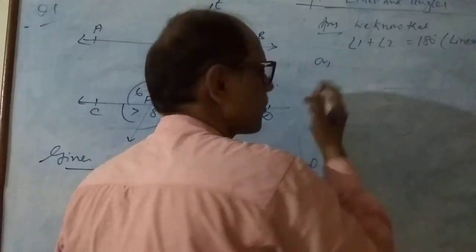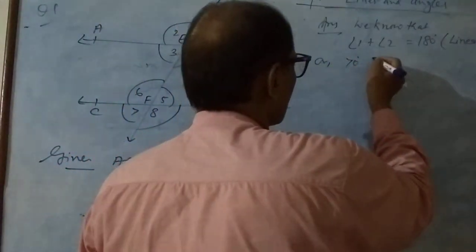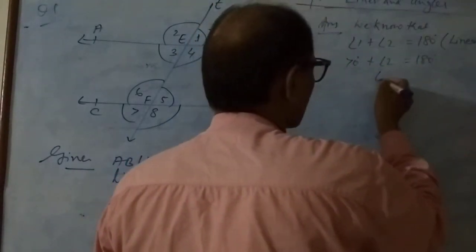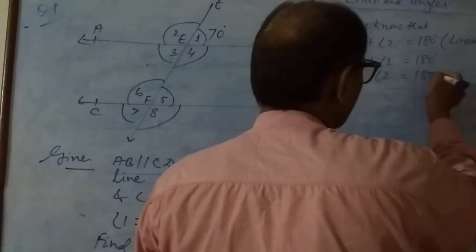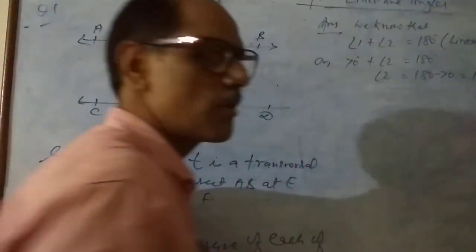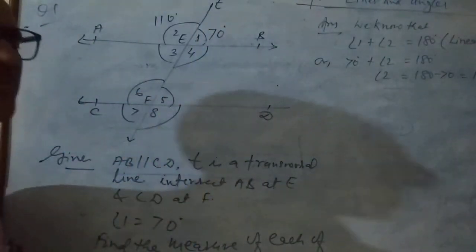Putting the value of angle 1, 70 degrees plus angle 2 equals 180 degrees. Angle 2 is equal to 180 minus 70, 110. We find angle 2 is 110 degrees.